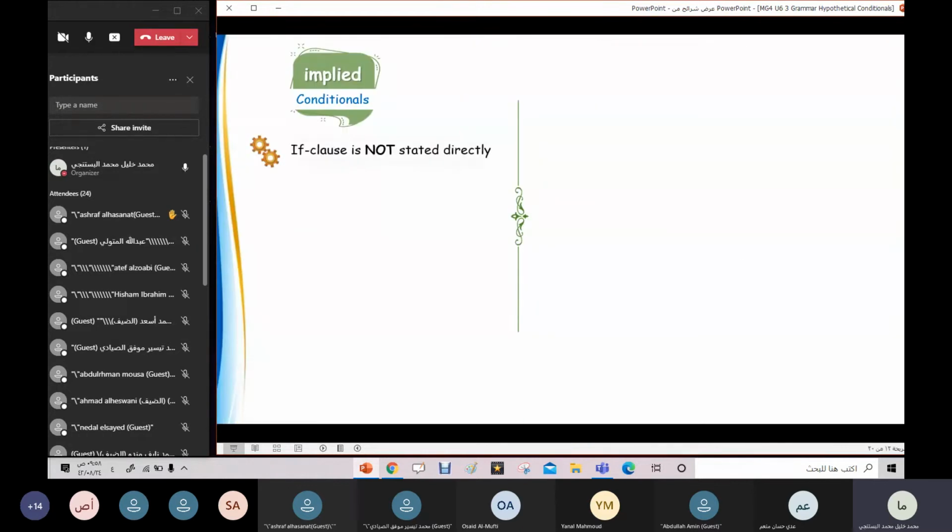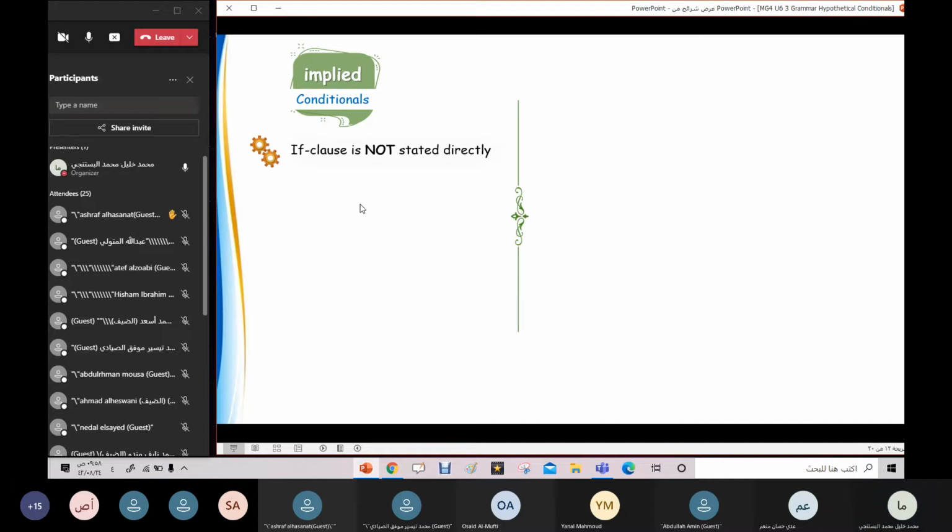Here we have implied conditional sentences. When we talk about implied conditional sentences, the if clause is implied rather than stated directly. You understand it without it being in front of you.